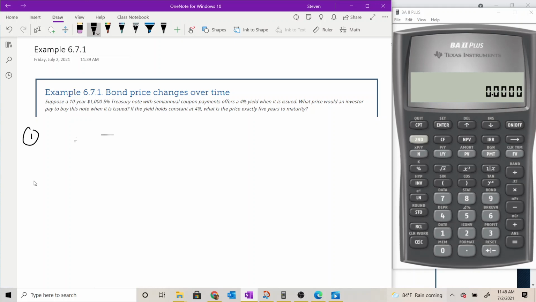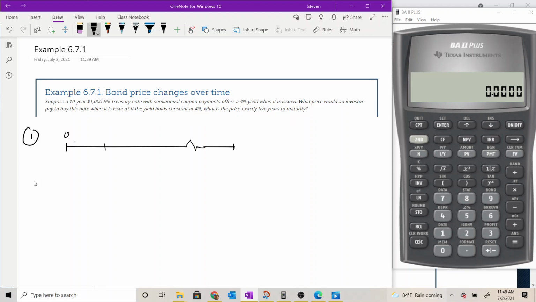On the first one, we have a 10-year Treasury note that's making payments semi-annually. And so we need to map out 6-month periods.